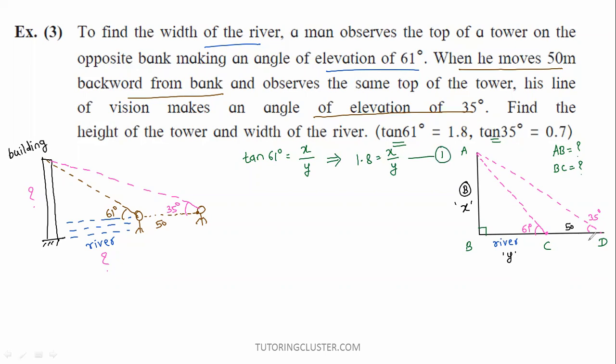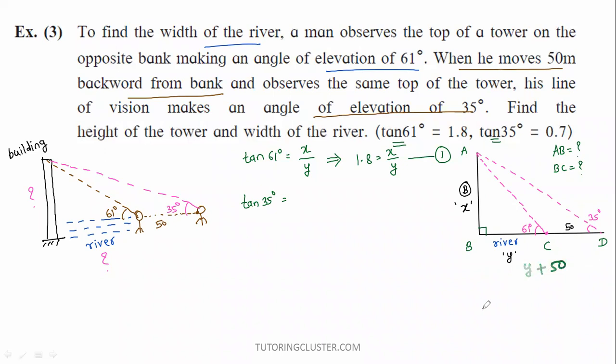Okay, very easy. Next, tan 35 degrees. This is your 35 degrees. The opposite side is X, divided by the adjacent side. So this distance will be Y plus 50.